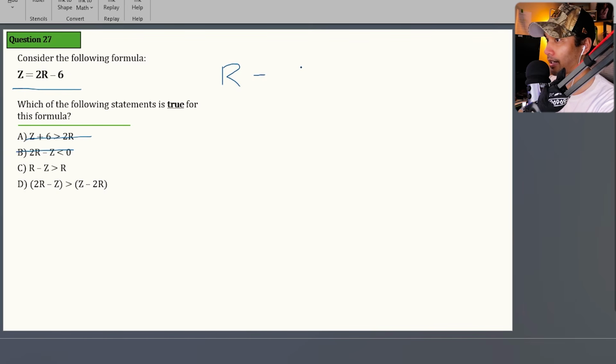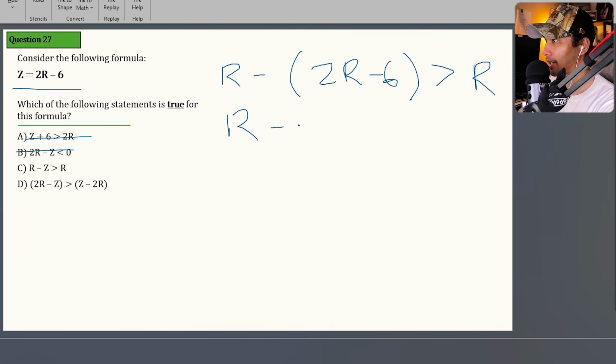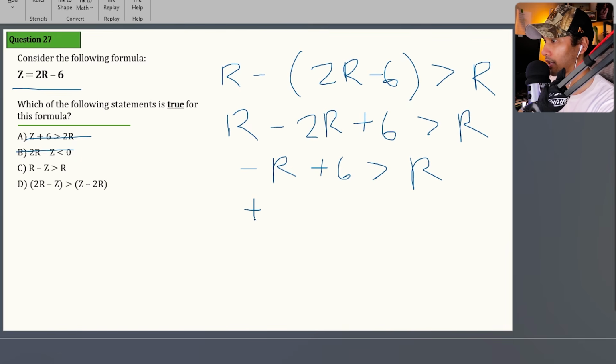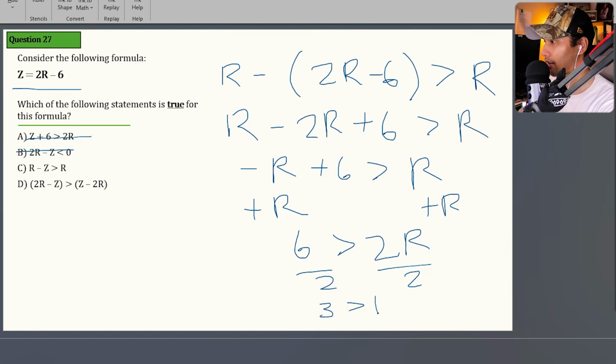R minus 2R minus 6 is greater than R. And then we get R minus 2R plus 6 is greater than R. And then we get negative R plus 6 is greater than R. And then we add R to both sides. We get 6 is greater than 2R. Divide by 2, divide by 2, and we get 3 is greater than R.